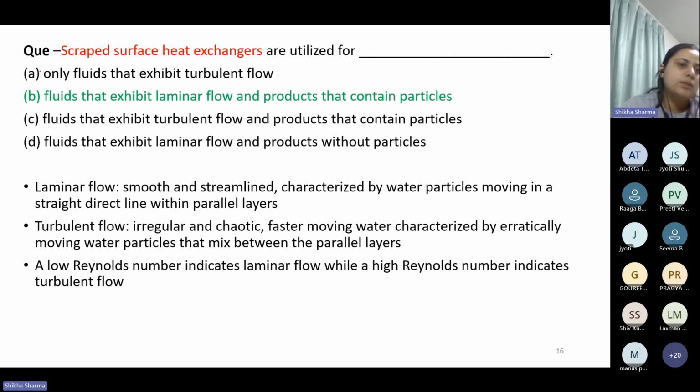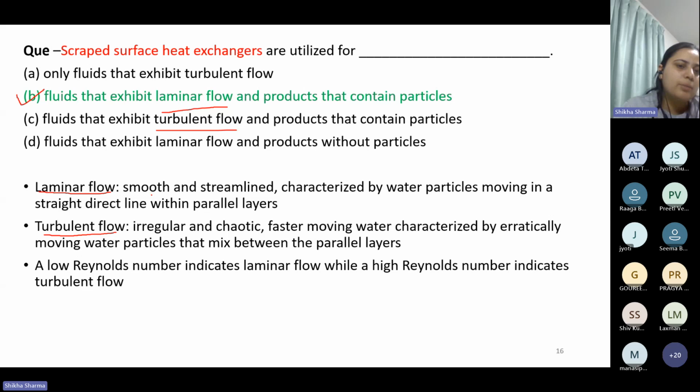So option B is correct, not option C. It exhibits laminar flow, not the turbulent flow. So we know that there are three kinds of flows actually: laminar flow, transit flow, and turbulent flow.